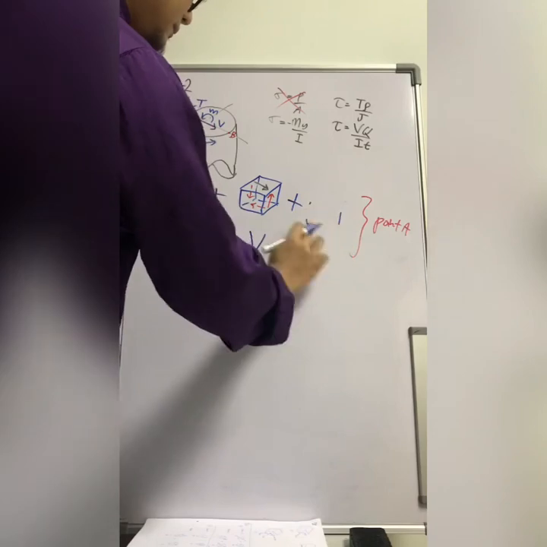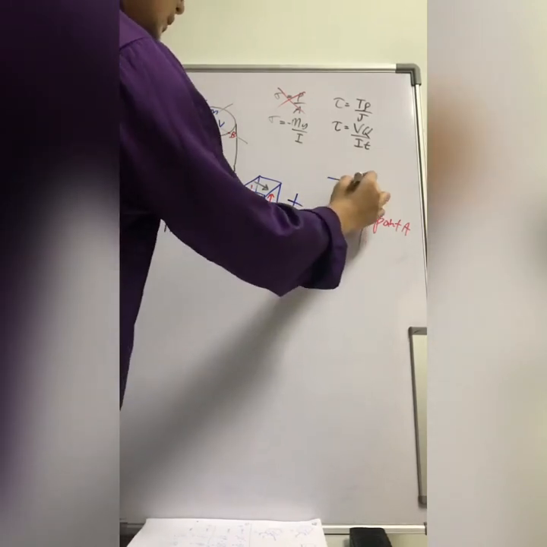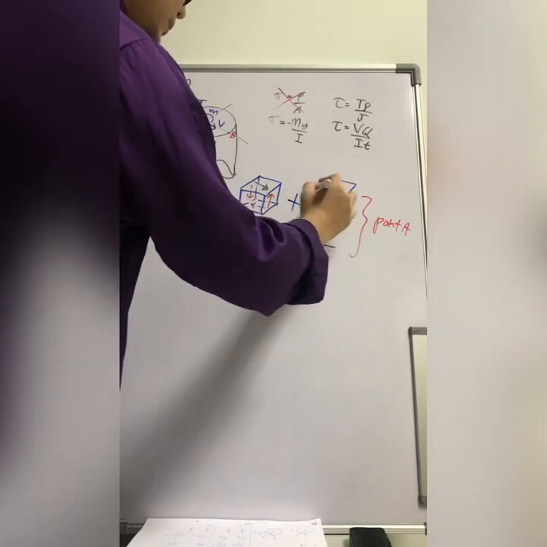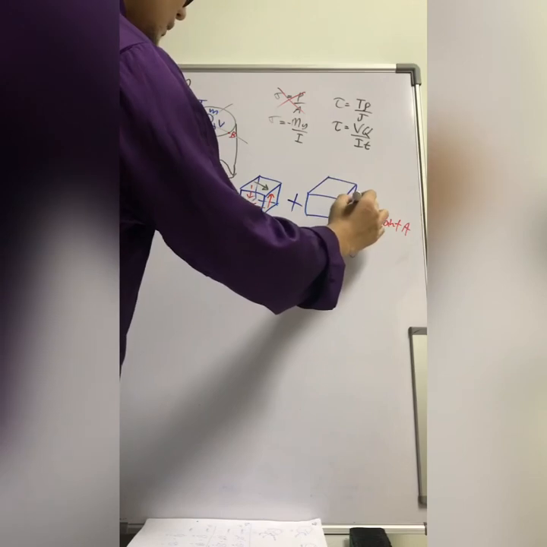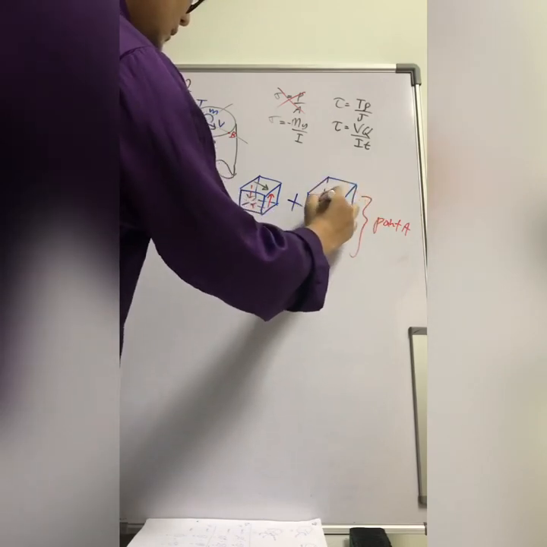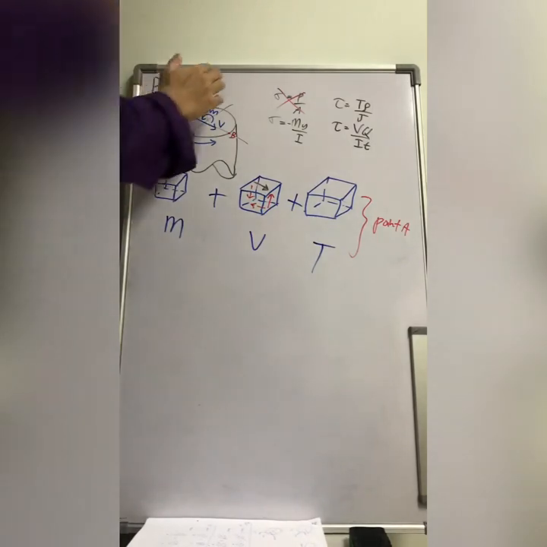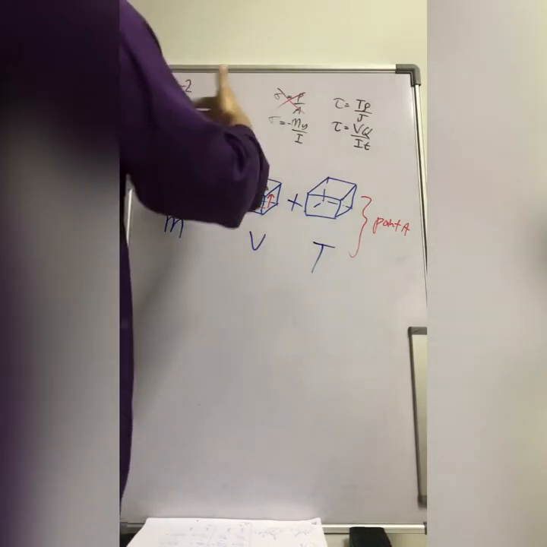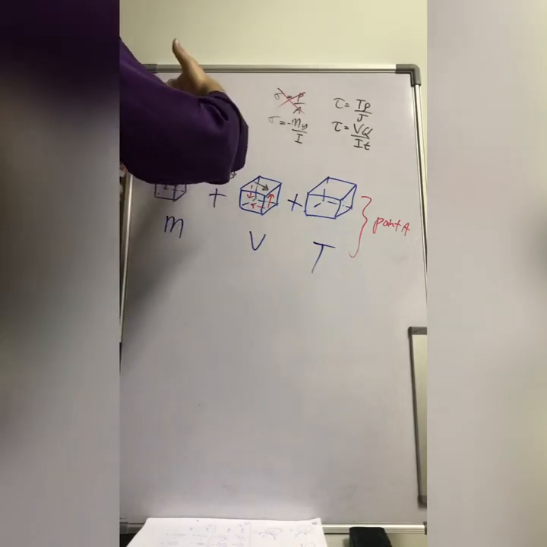Again, next, due to T, draw this top surface first, because the top surface is the A. So due to T, do you have this shear stress? The answer is yes. Which direction?